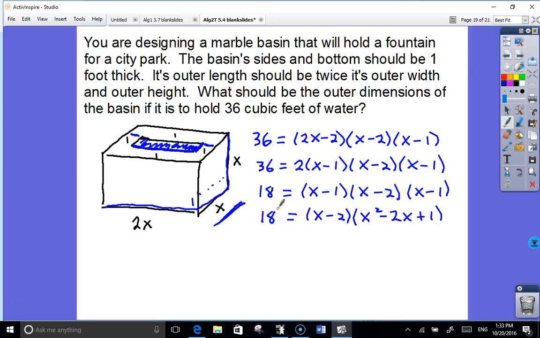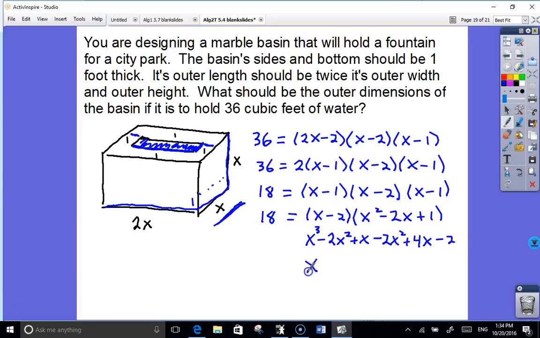Now I need to multiply the binomial times the trinomial. Because I don't want to make a grid and take up all this space, I'm just going to do it horizontally. This will be x to the third minus 2x squared plus x, negative 2x squared plus 4x and minus 2.